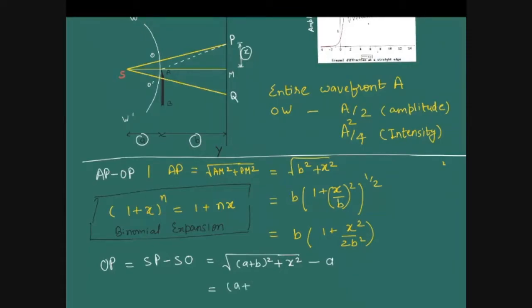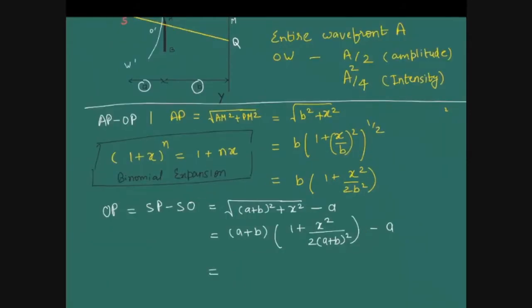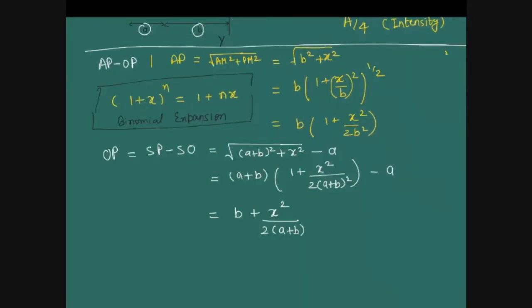It would become (A plus B) into bracket 1 plus x square by 2 (A plus B) square, minus A. So let us solve it more. A will be cancelled out and we will be left with B plus x square by twice of (A plus B). So one power of A plus B will cancel out. So now let us substitute. Our aim is to calculate AP minus OP.